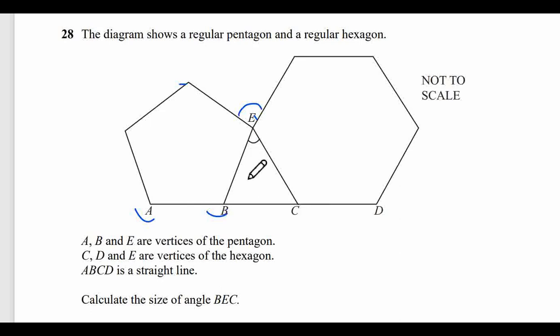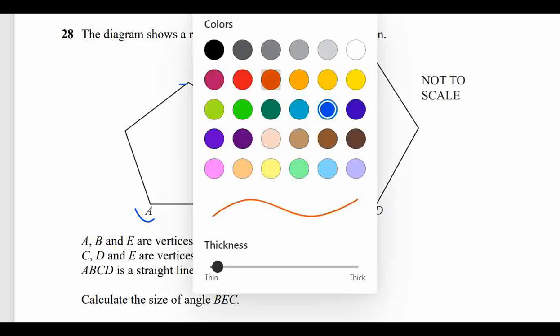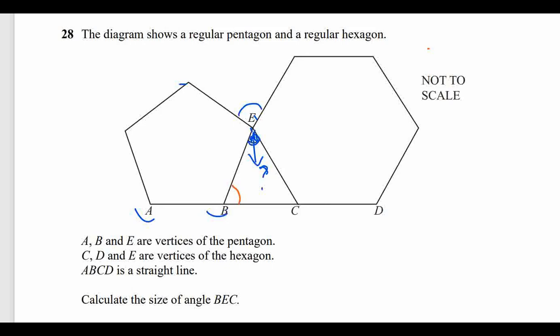The size of angle BEC is this angle in here. So we have to find this angle. To find this, we have to know the angles in this one and this one. The sum of the three angles in a triangle is 180. So we can find it if we get this angle and this angle.